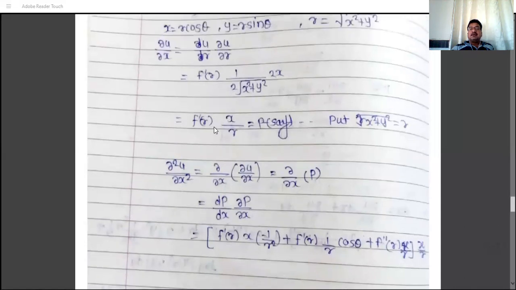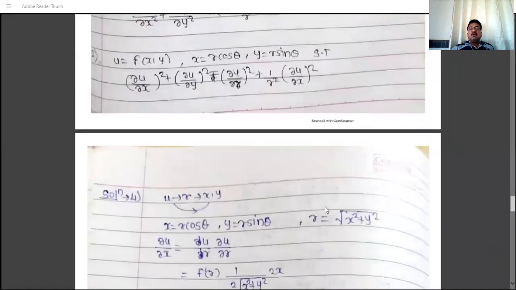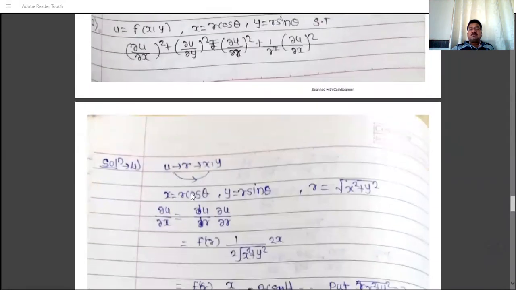Here is the first term: f'(r), x is constant, 1 by r. Then f'(r) and 1 by r as it is, and derivative of x with respect to r. What is x? x is r cos theta, so cos theta is constant, derivative of r is 1.